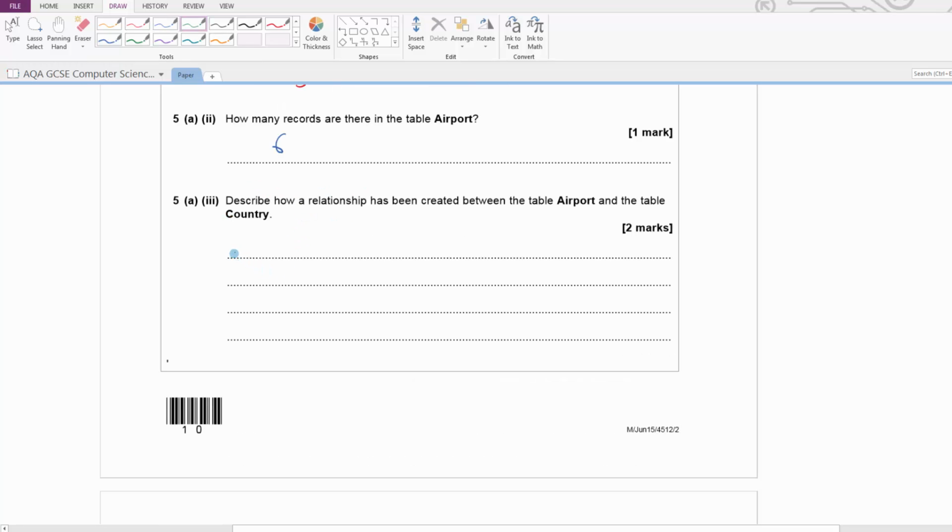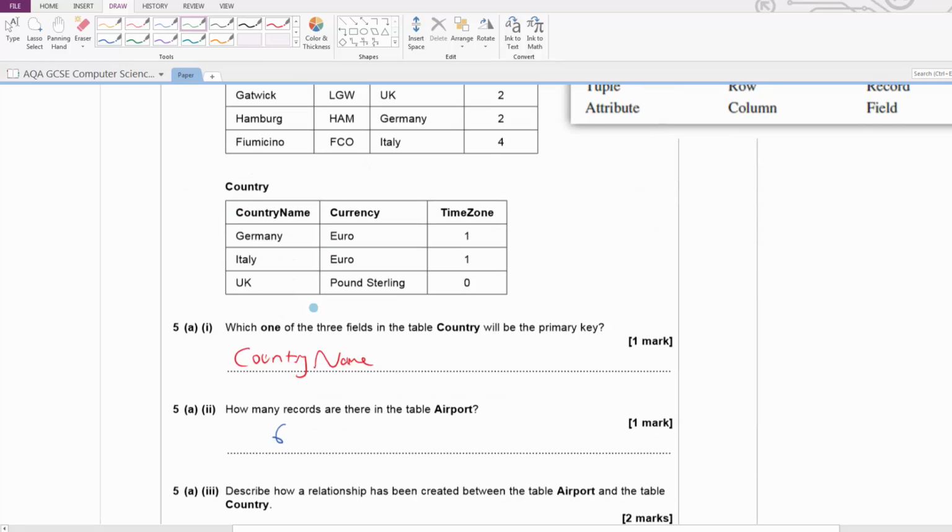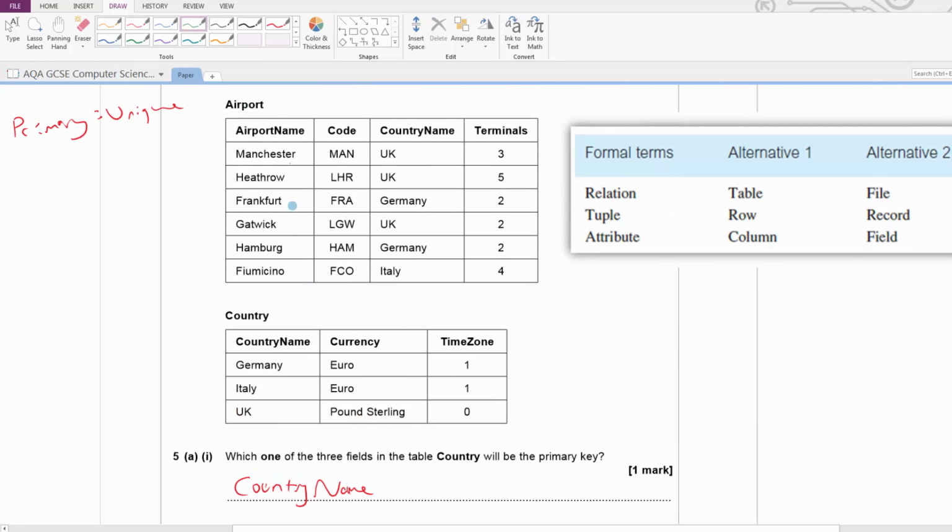We now have to go a bit beyond just counting and describe how a relationship has been created between the table airport and the table country for 2 marks. So this goes back to the fact that we have this shared field. We have country name here and we have country name in the country table.